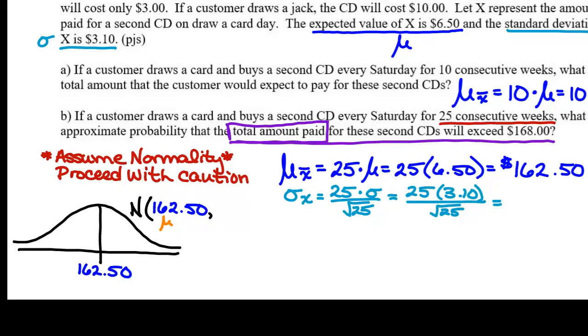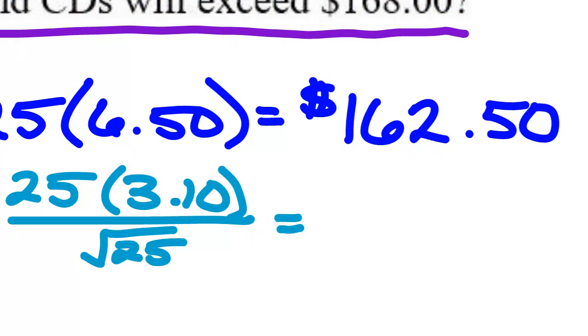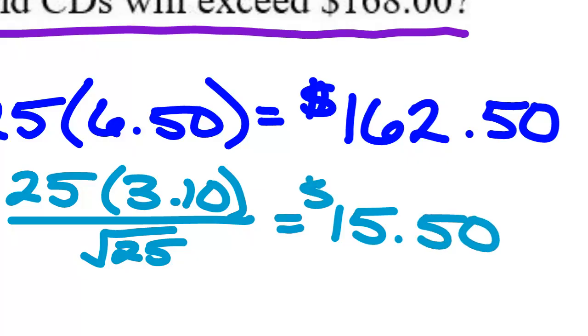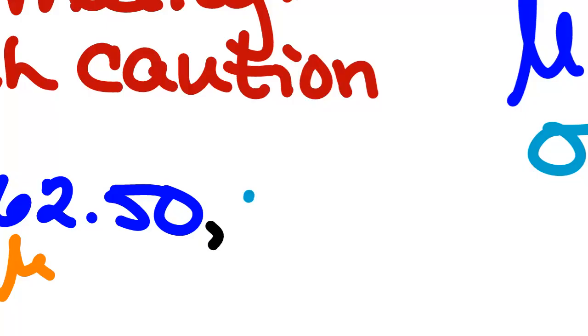What do we get? I got 15.5. So 15.50 would be the standard deviation for the sum of this sample of 25 weeks.